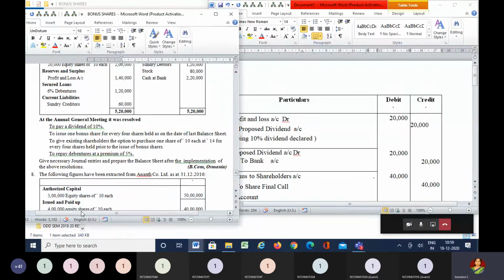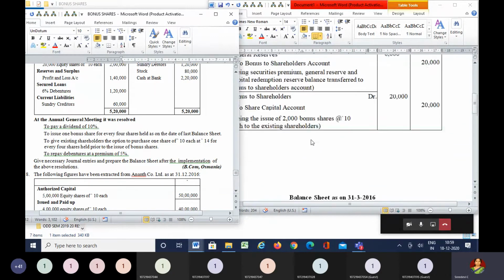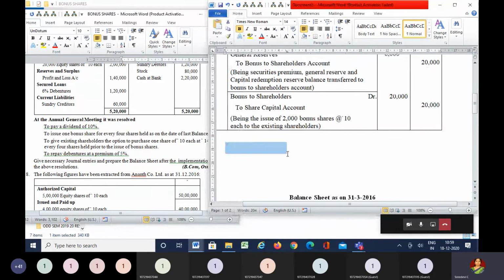Now coming to the second resolution: to issue one bonus share for every 4 shares held. As you all know, this is calculated on the shares held in the company.